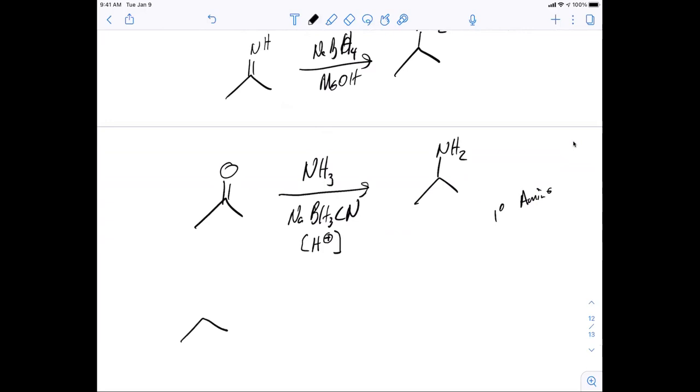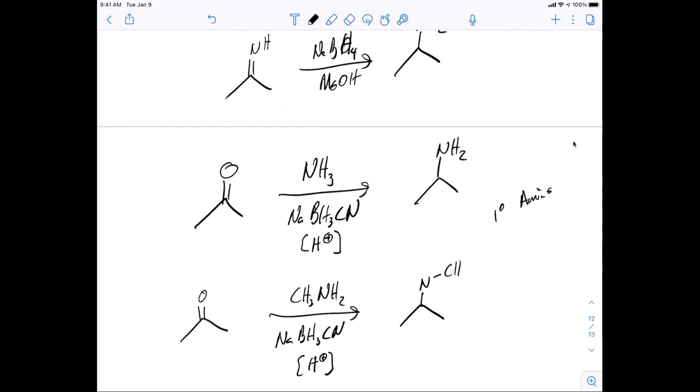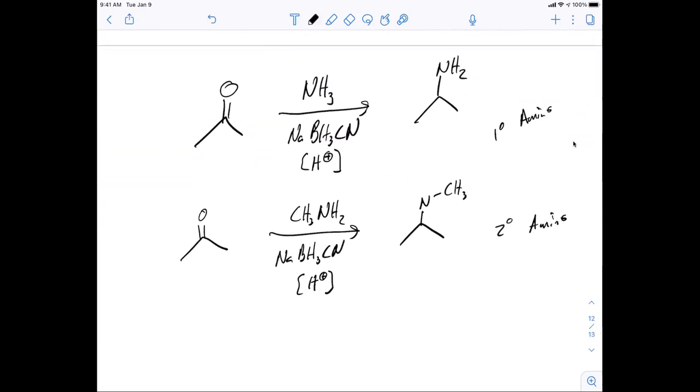But I could take that same ketone, right, and now add a primary amine with the sodium cyanoborohydride, trace acid, right, and that'll make me a secondary amine. And I don't have to worry about getting any tertiary amine or any other reactions like I might with an alkylation.